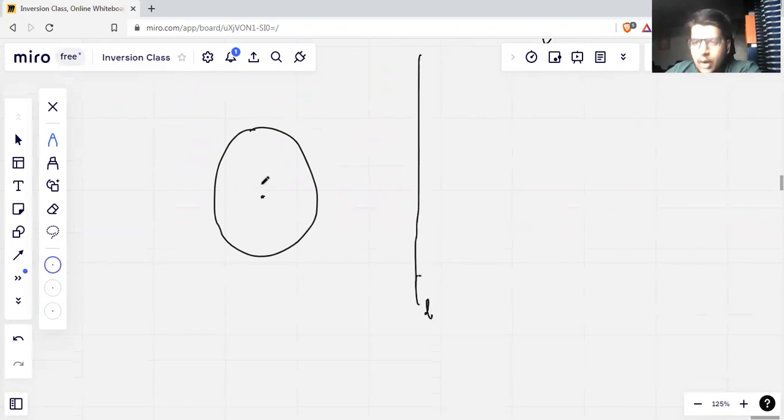We have to talk about how the inverse of this will look like. What we do is we draw a perpendicular to this line and call this point, let's say A, and the inverse of this point is A dash. We pick any random point X lying on L and we want to see how phi of X looks like.